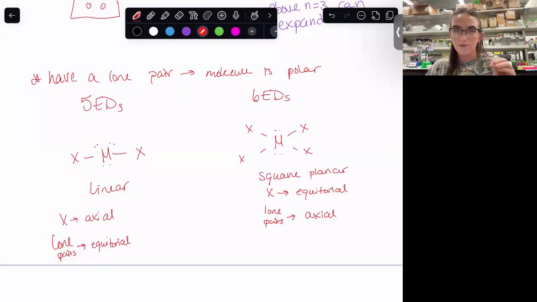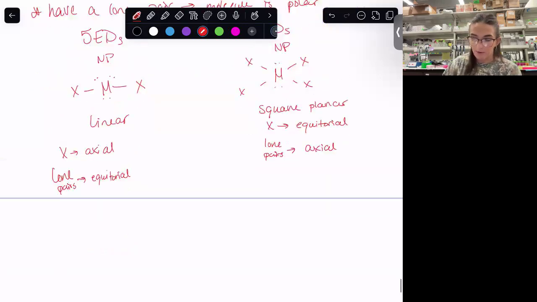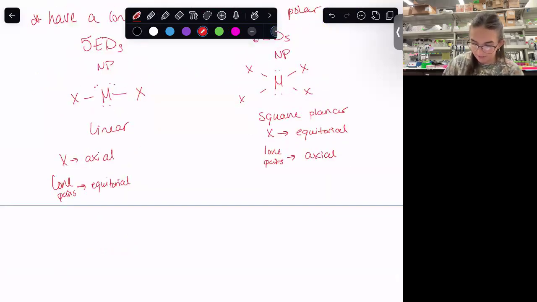So as long as all of your atoms are the same and you have 2 lone pairs for the square planar or 3 lone pairs for the linear, then this will be non-polar with lone pairs. Any other time you see lone pairs, it will be a polar molecule. So something like water has lone pairs.